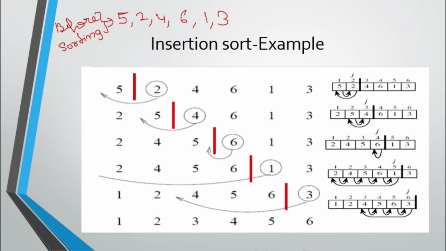After sorting, what should it be? After sorting, it should be 1, 2, 3, 4, 5, 6.